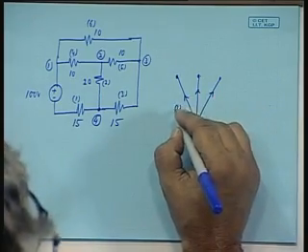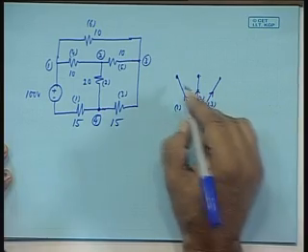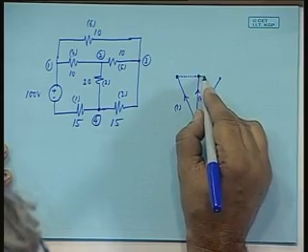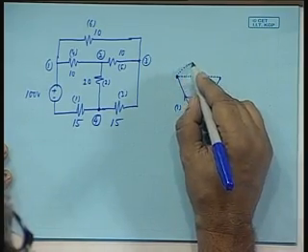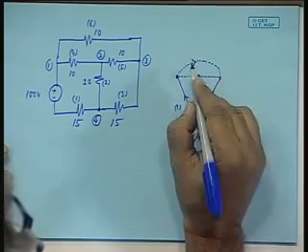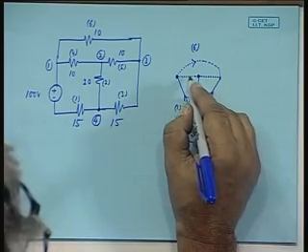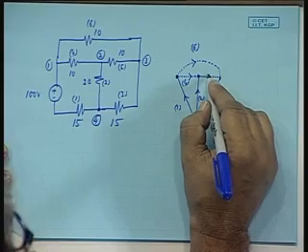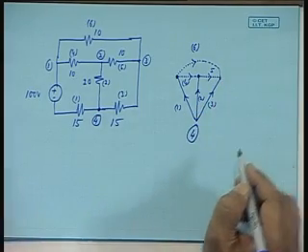This is element 1, element 2, element 3 and then I will show the other branches of the graph, that is the links by dotted lines, and this is element number 6, this is element number 4, this is element number 5 and I have taken the directions like this.